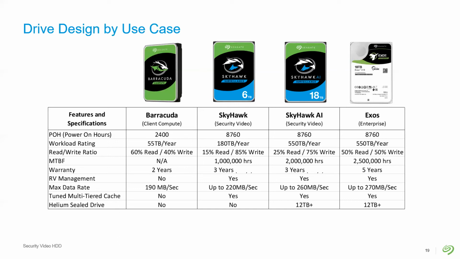That's 8 hours a day, 5 days a week for the year. 8760 is the total number of hours in a year. You can see the warranty differences. You can see the workload rating goes from 55 terabytes a year in a Barracuda all the way to 10 times that in a Skyhawk AI or an Exos. That's because the platform is so much more capable.